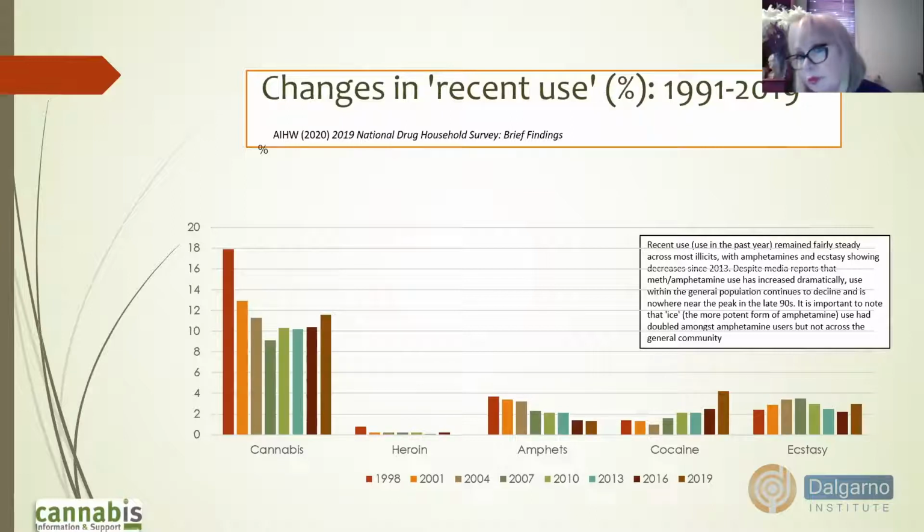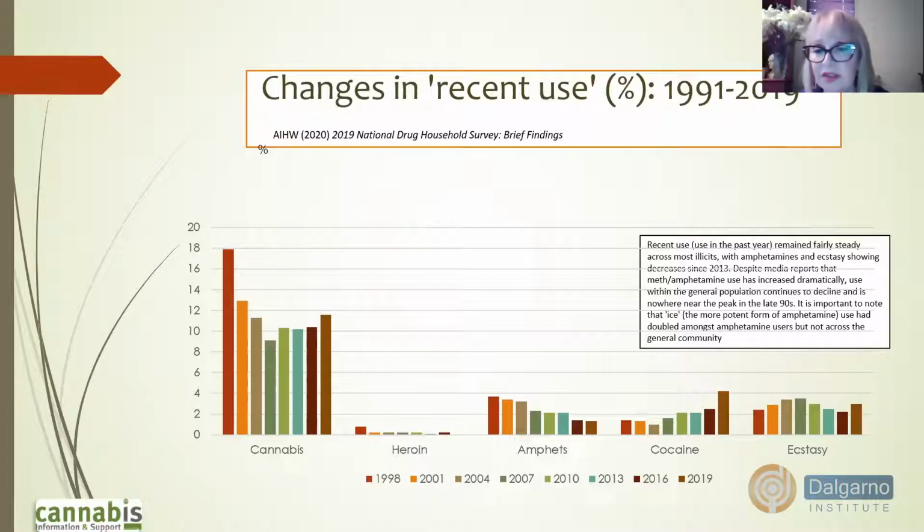This might coincide with, number one, the approval of medicinal cannabis here in Australia. And of course, I'm biased in saying it also correlates to the closure of the National Cannabis Centre that I led, and we particularly specialised in getting messages out to young people and minority populations. So unfortunately, we've seen this increase.